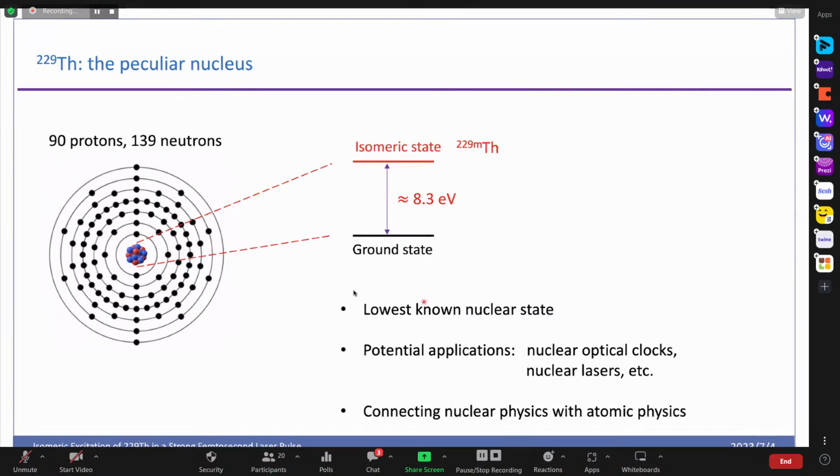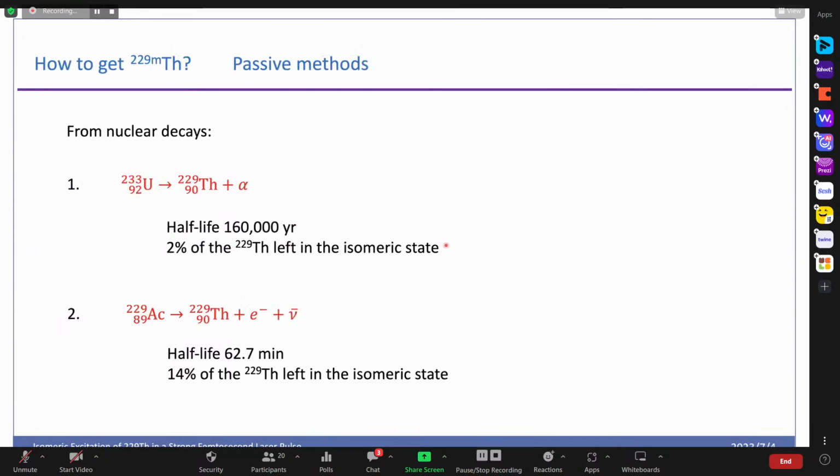It is the least known nuclear state. It has potential applications especially in nuclear optical clocks. It is also a very interesting system that connects nuclear physics with atomic physics, because 8 eV is also in the range of electronic transitions.